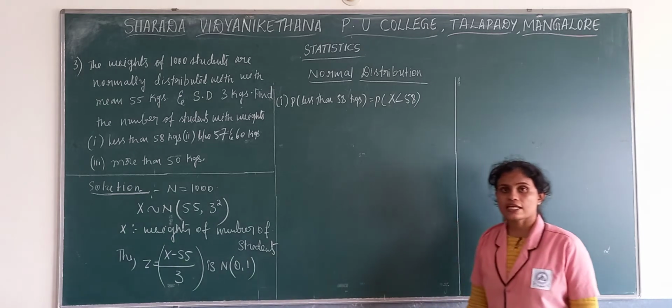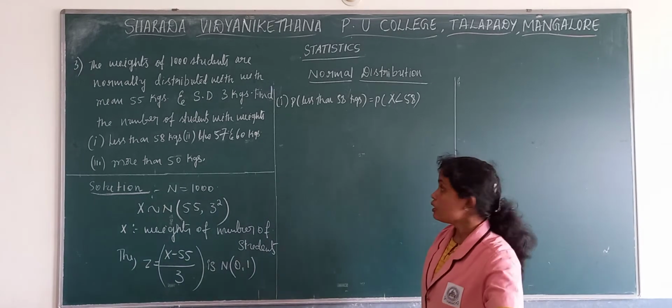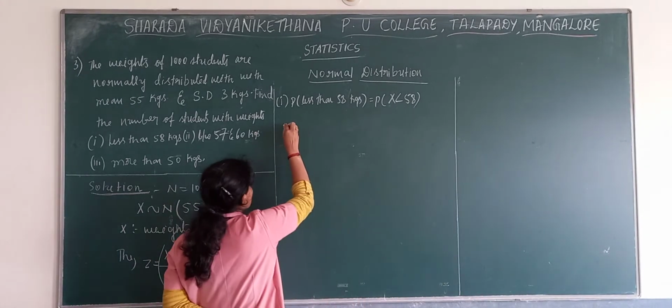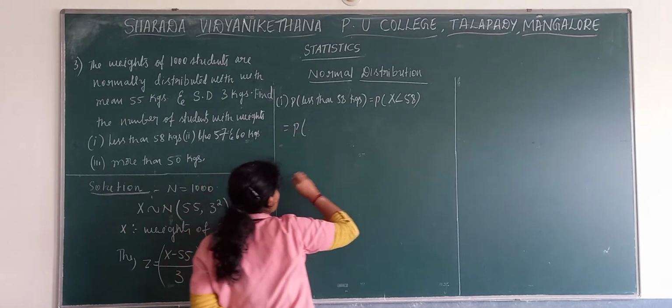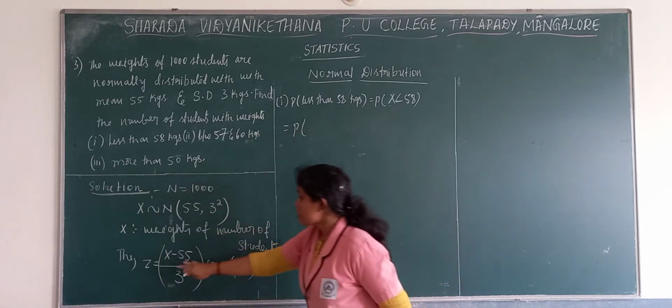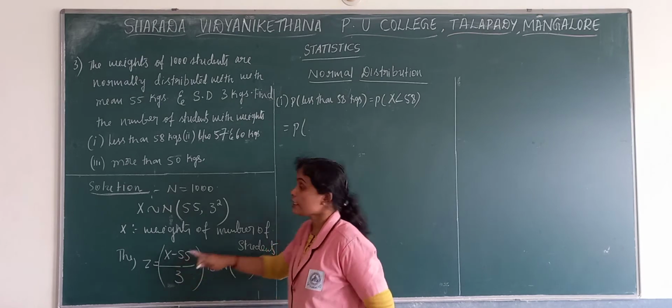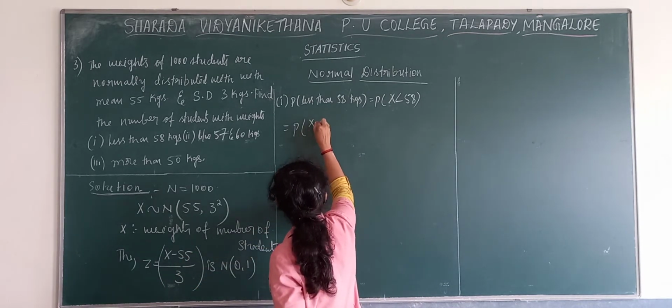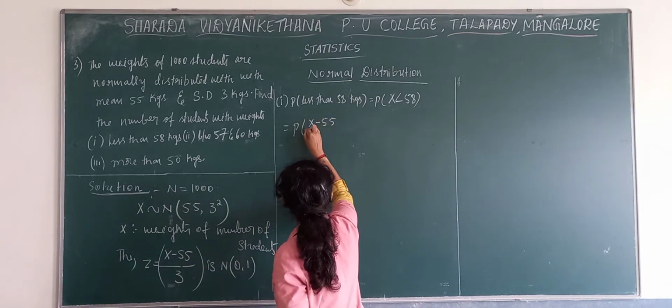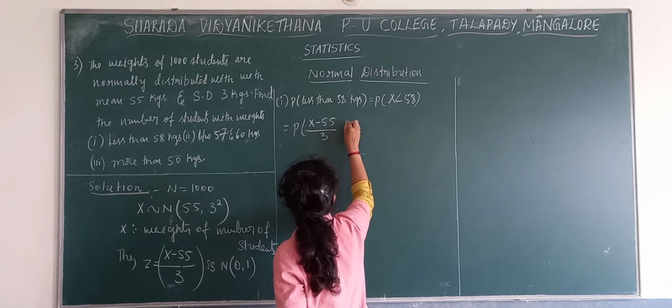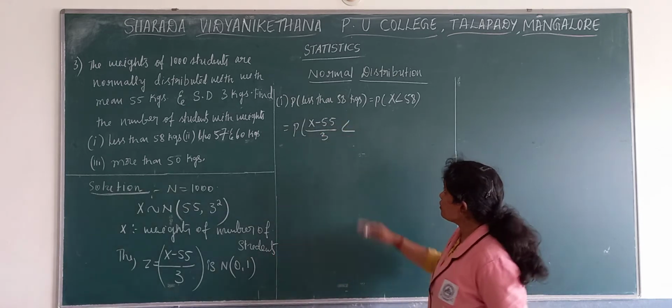Now when there is x, take this particular formula, that is x minus 55 divided by 3 is lesser than.